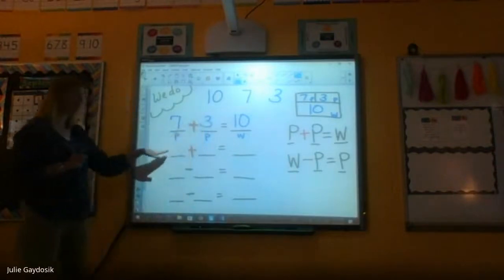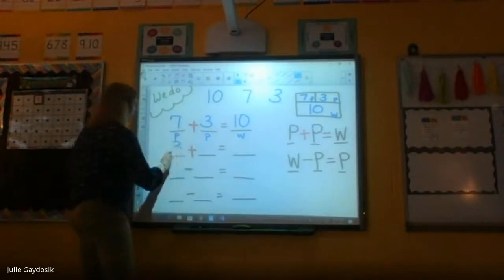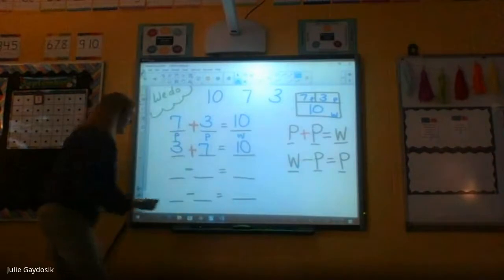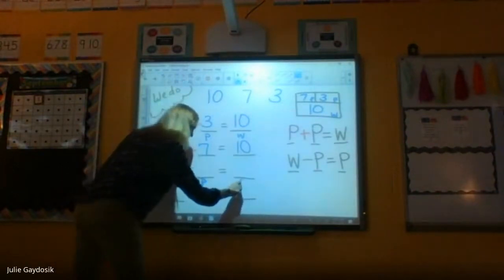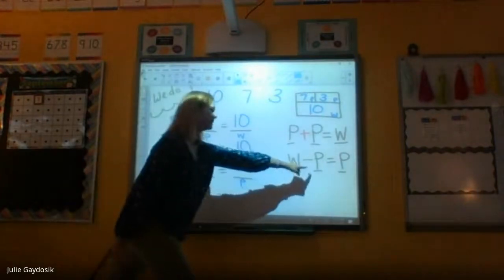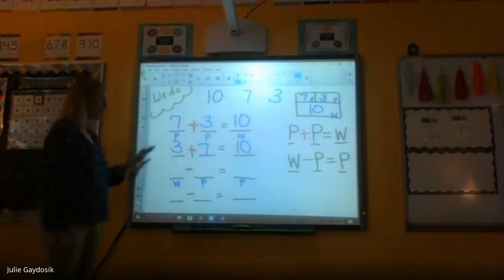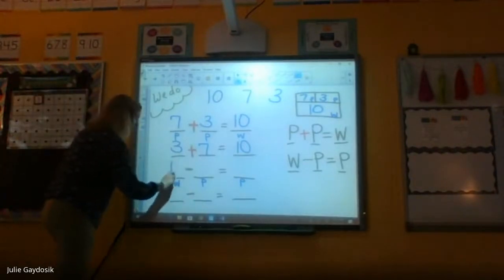Now, do I write 7 plus 3 equals 10 again? No, that's right. I flip it. 3 plus 7 equals 10. Now, looking at subtraction. Looking at whole minus part equals part. Okay? Where does my whole number go? That's right. It goes at the beginning.